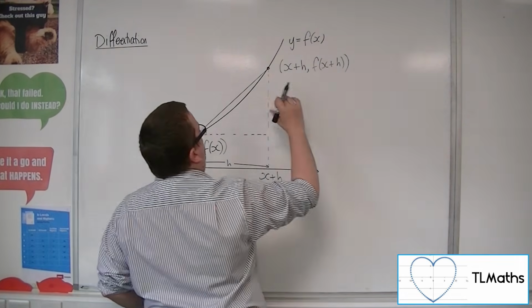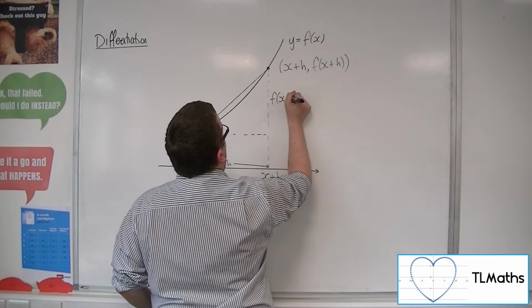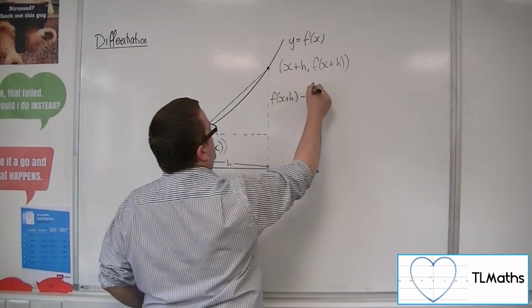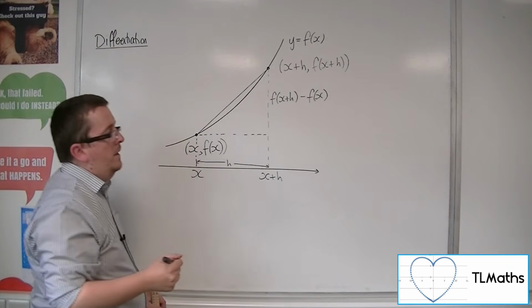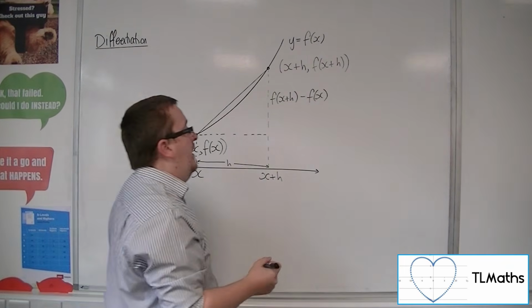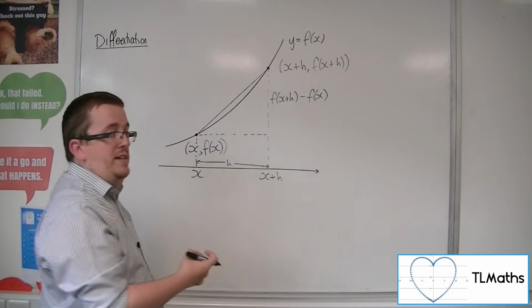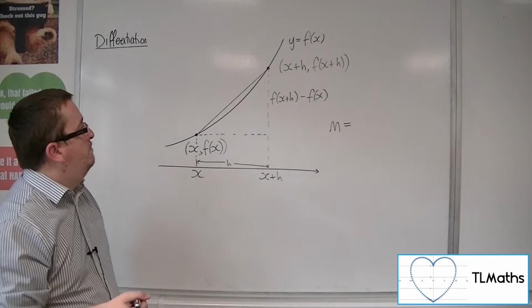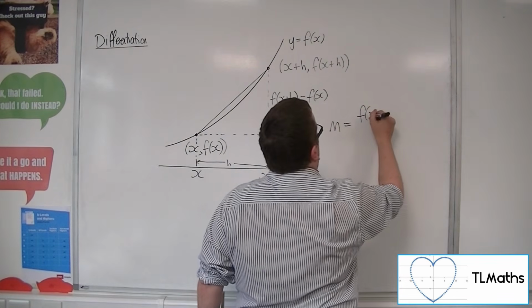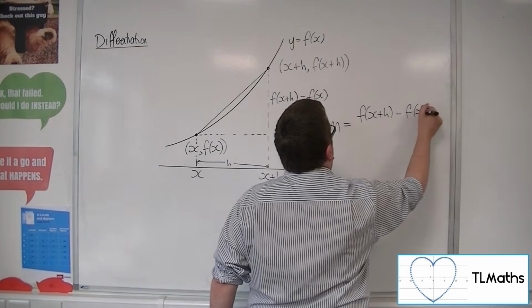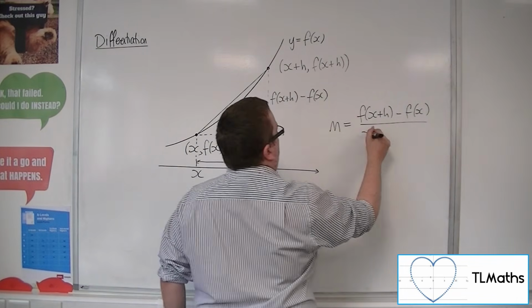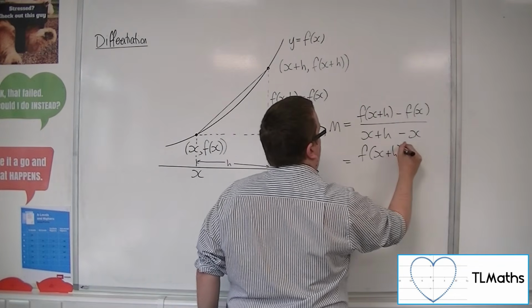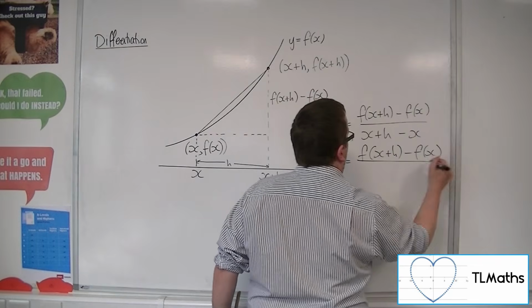The difference in the y coordinates will be f of x plus h, the y coordinate of that point, take away the y coordinate of that point, which is f of x. Okay, so we can say that the gradient of the chord, let's call it m for the time being, is the difference in the y coordinates divided by the difference in the x coordinates, which is f of x plus h take away f of x all over h.